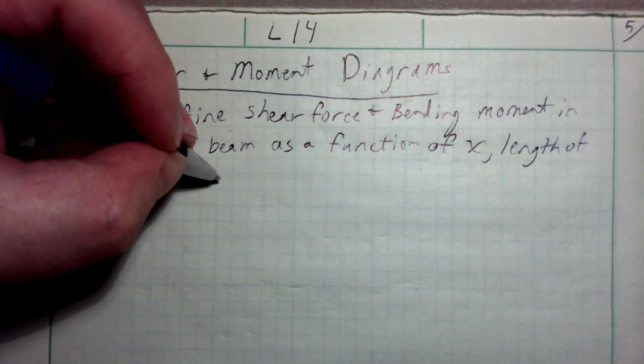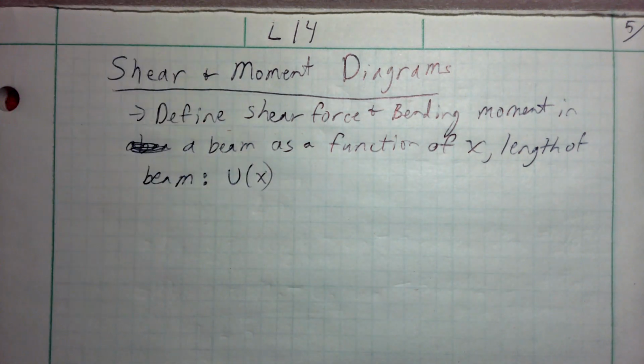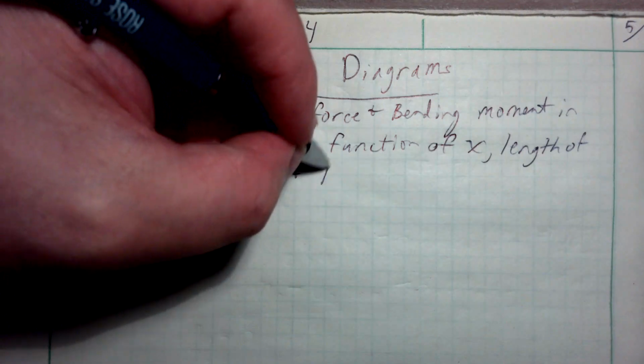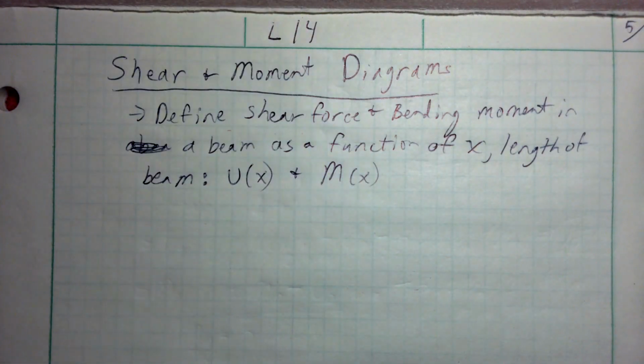And so we're going to define V as it goes along x, and the bending moment as that goes along x.